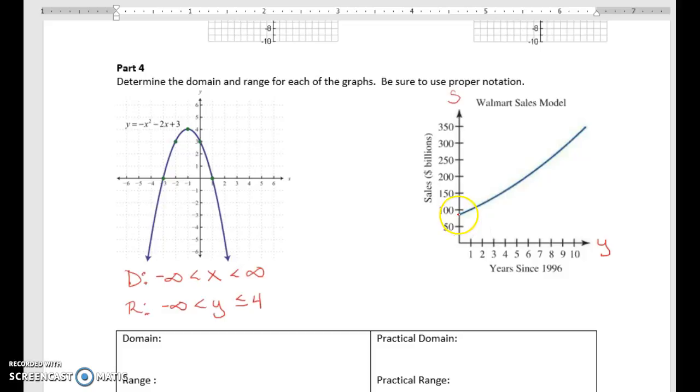And then our range values begin somewhere around 90 maybe, and go all the way up to about 350. So our domain would be between 0 and, this time we're including 0, probably 11. And our range values go from about 80 or 90, using the letter S, all the way up to somewhere about 350.